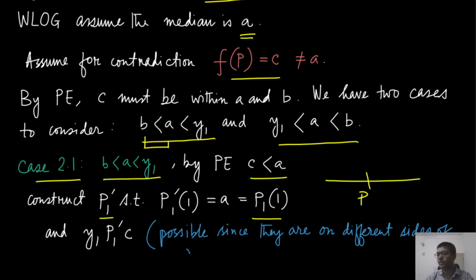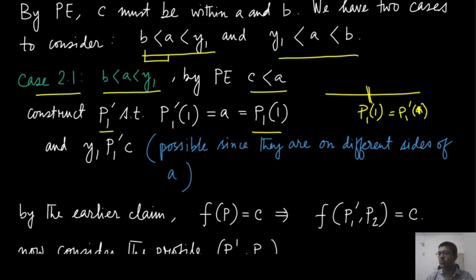Let's say p11 is here, so p1 prime, that is p1 prime 1, is also at the same place. Now we are going to set the preferences between y1 and c, and we are going to make sure that y1 is more preferred under this p1 prime than c.